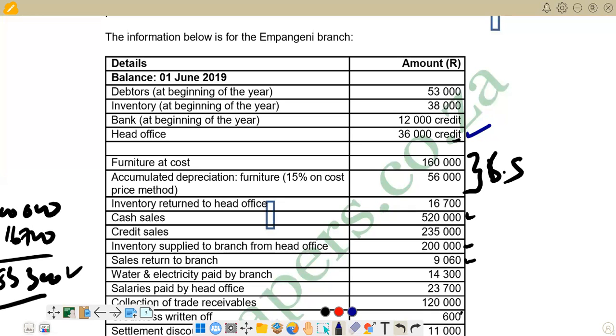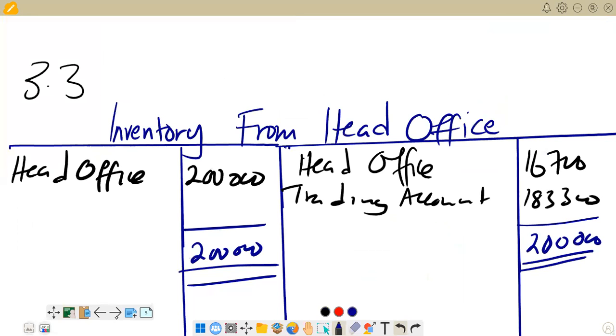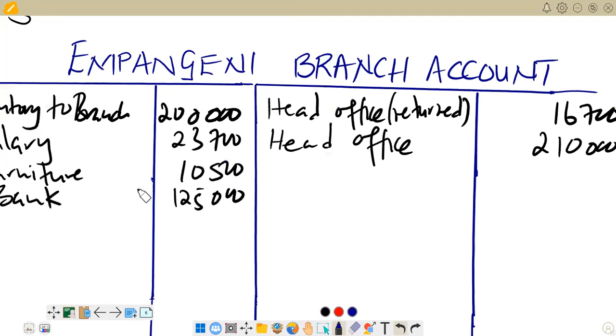So we are going to indicate it as our balance BD in the branch account. So if you come here, we are supposed to have our balance BD here, 36,000.